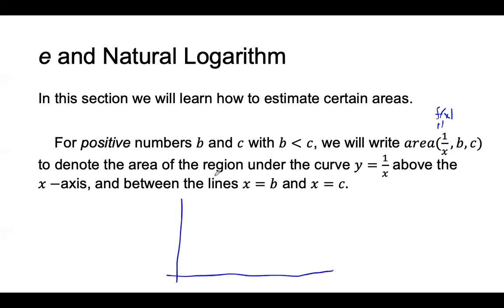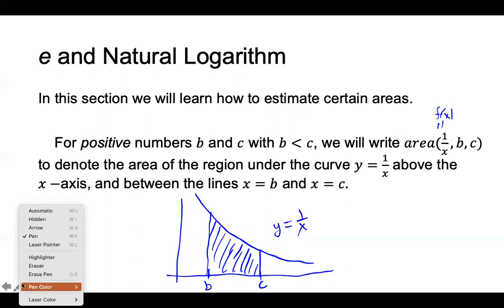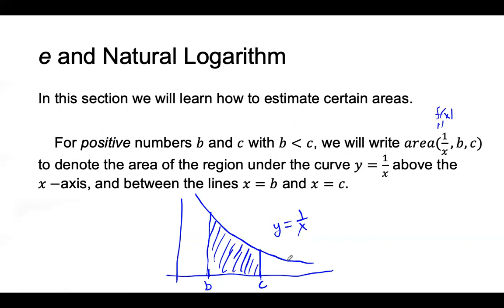A sketch says 1,000 words. So we have this function 1 over x, and between these points B and C, we can draw these lines. This is the function 1 over x. And the area is the shaded area underneath that curve. So this is that area.